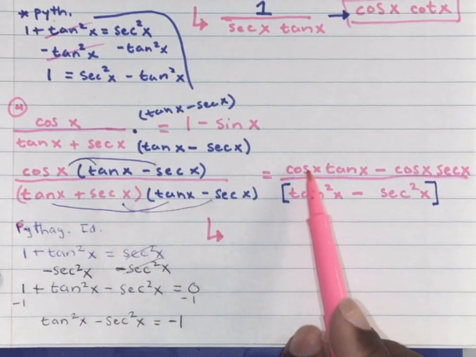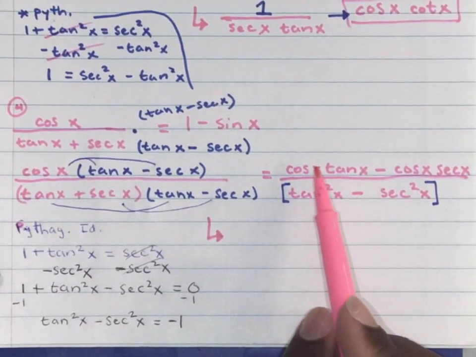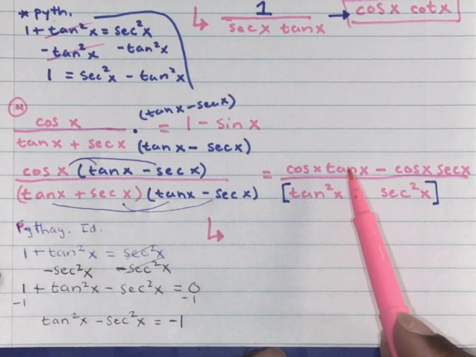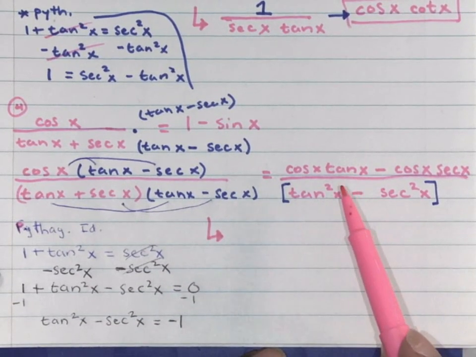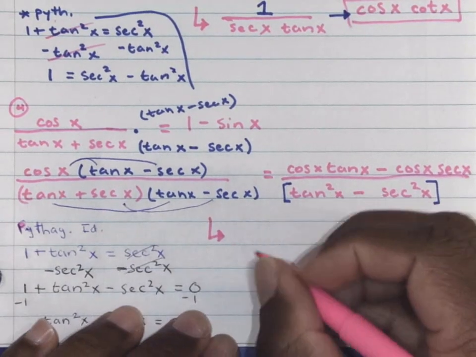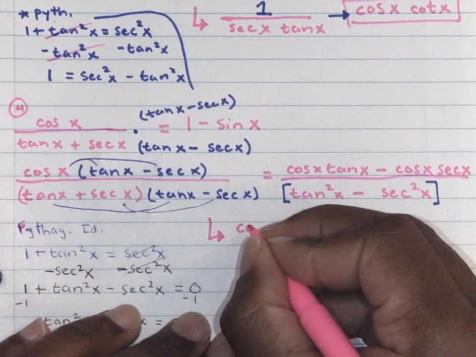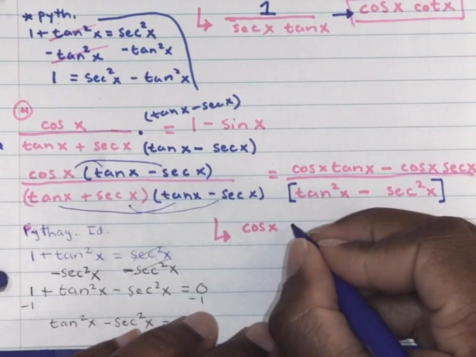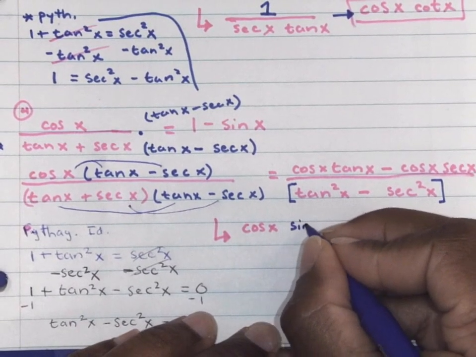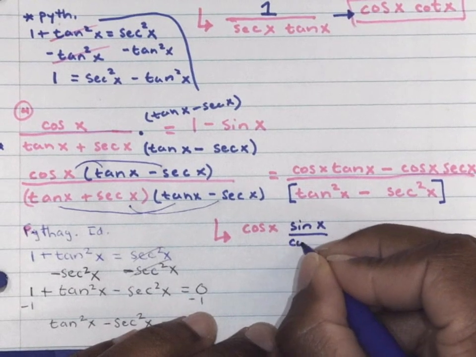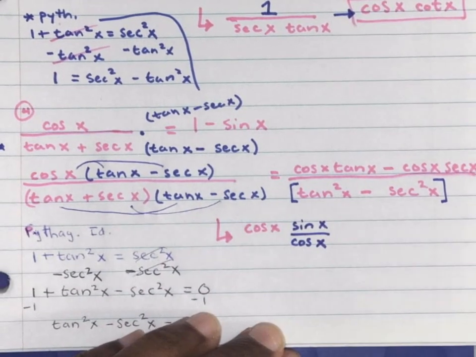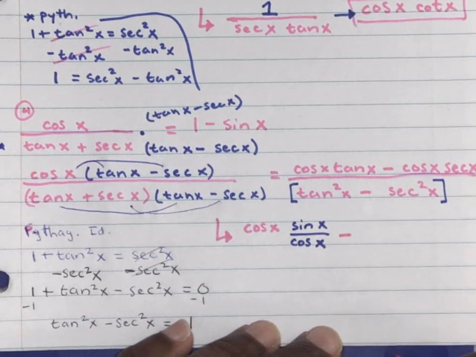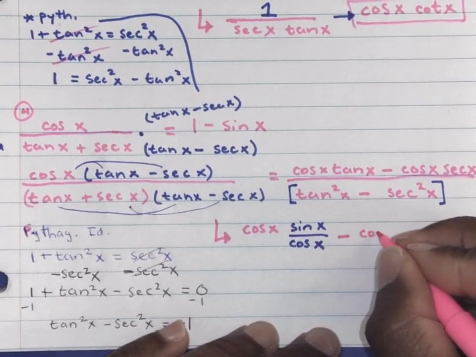And then, while we're doing this, let's go ahead and see if we can cancel some terms out here. So if I'm thinking, quotient identity says tangent can be sine over cosine. That's going to get that cosine to cancel out. So we got cosine x. And then, using quotient identity, we get sine over cosine. That was tangent. Then we got minus cosine.